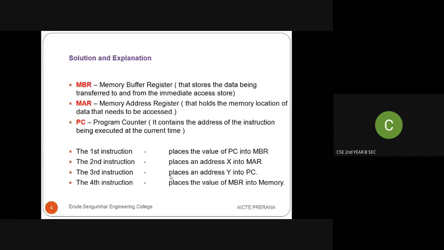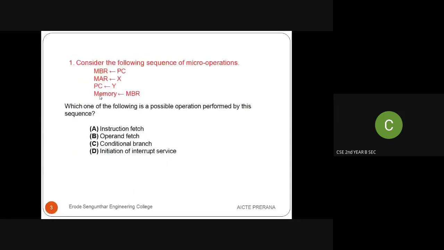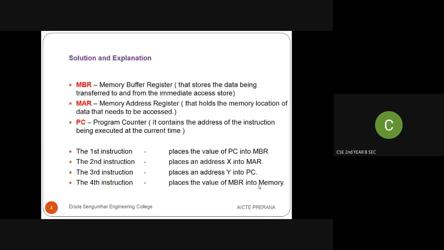Consider the second instruction, MAR tends to X. So MAR tends to X means placing the address of X into the memory address register. Similarly, the third instruction places the address of Y into the program counter. The fourth instruction is memory to MBR, so it places the value of MBR into the memory. So these are all the micro operations given.